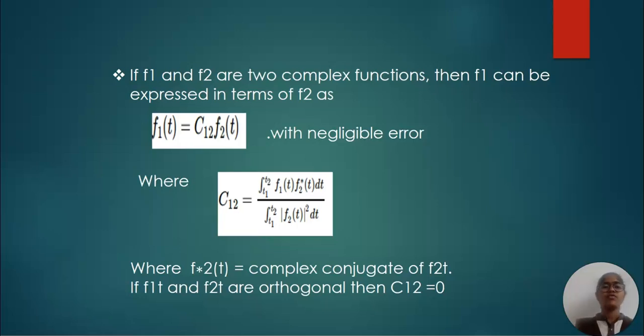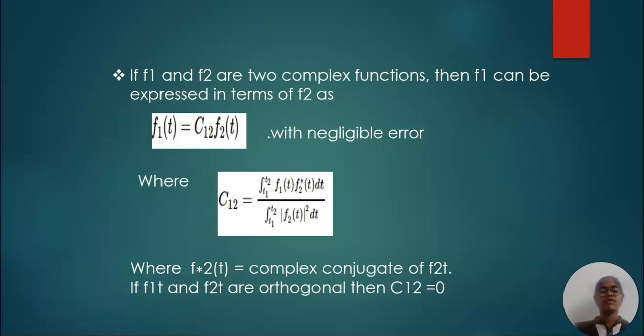If f1 and f2 are two complex functions, then f1 can be expressed in terms of f2 as f1(t) equals c12 f2(t) with negligible error, where c12 equals the integral from t1 to t2 of f1(t) f2*(t) dt divided by the integral from t1 to t2 of the magnitude of f2(t) whole square dt, where f2*(t) is the complex conjugate of f2(t).